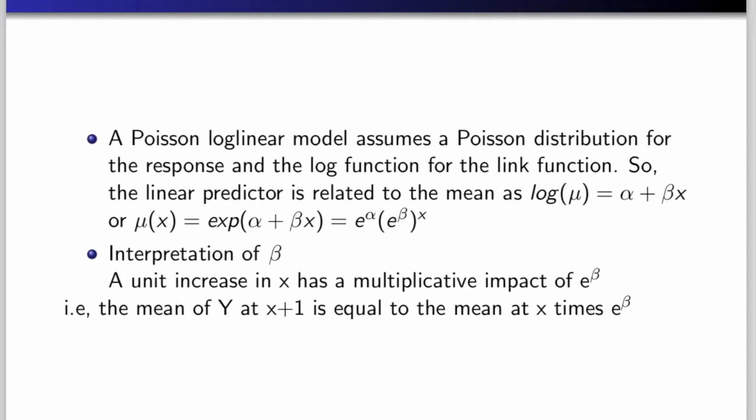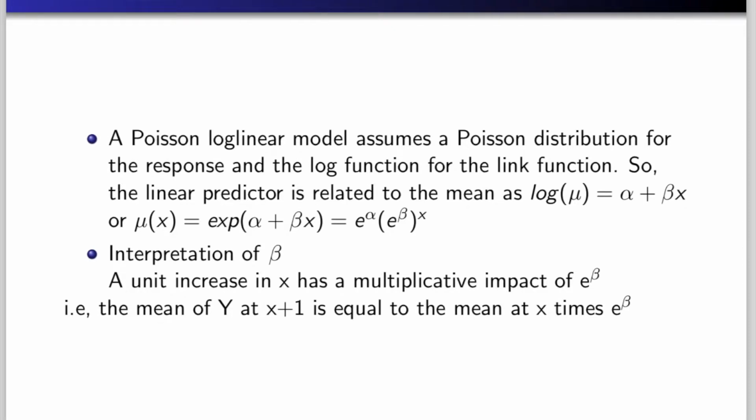For a single explanatory variable x, the Poisson log linear model has the form log mu equals alpha plus beta x. The mean satisfies the exponential relationship here, so mu equals exponential of alpha plus beta x.